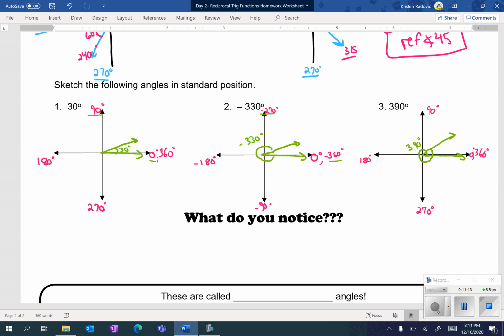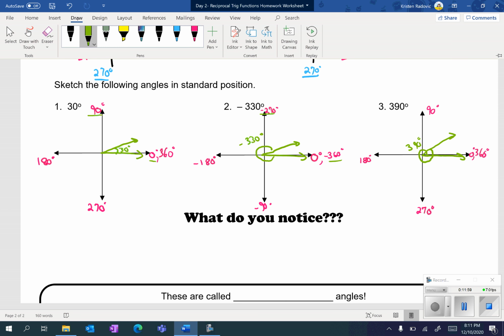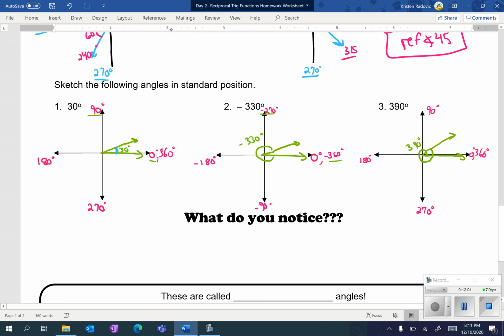Look at all these angles and see what you notice about all of them. Because what I notice is that they all end in the same spot. Actually, if you take a look, all of these, this is 30.